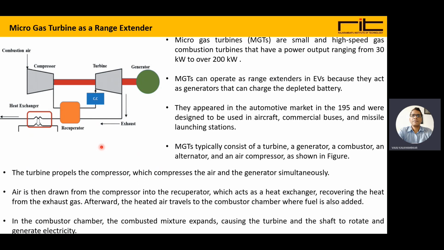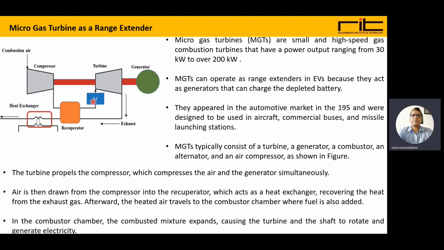Air is drawn from the compressor into the recuperator. So air is taken from the compressor, compressed, and given to the recuperator, which acts as a heat exchanger, recovering the heat from the exhaust gases. This is the exhaust from the turbine, and this heat can be reused and given again to the turbine via the combustion chamber.